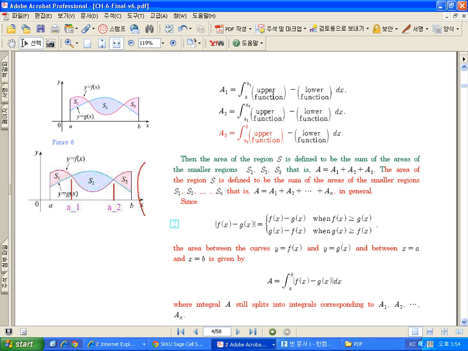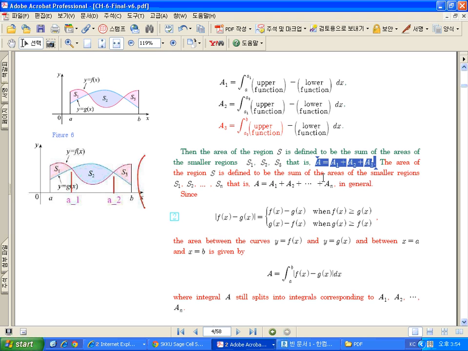So in this case, what you are supposed to do is find the area separately on each interval, with the integral of the upper function minus the lower function. So you have to find these three areas separately and add them to get the proper area.